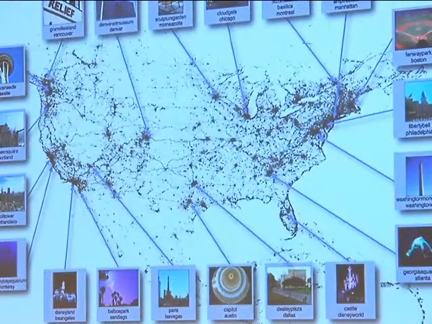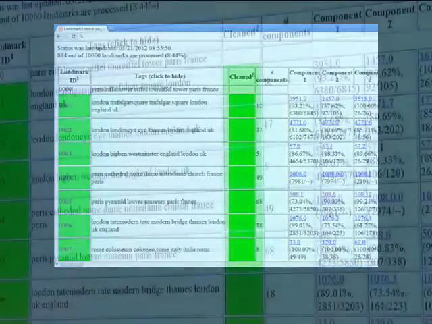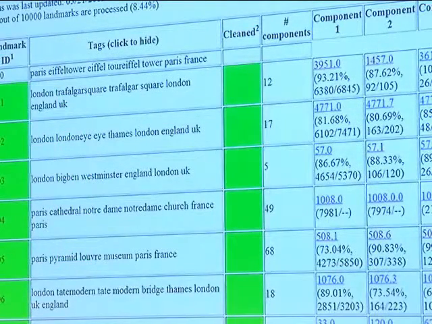This is sort of our input, and we build 3D models of each of these clusters that are discovered automatically through this algorithm. Here's a list of the top 8 landmarks. They're ordered by popularity, so Eiffel Tower is first. Then you have a bunch of things in London and Paris and Rome and New York City. And then you get into Detroit and, I guess, Columbus, Ohio, and Des Moines, Iowa.